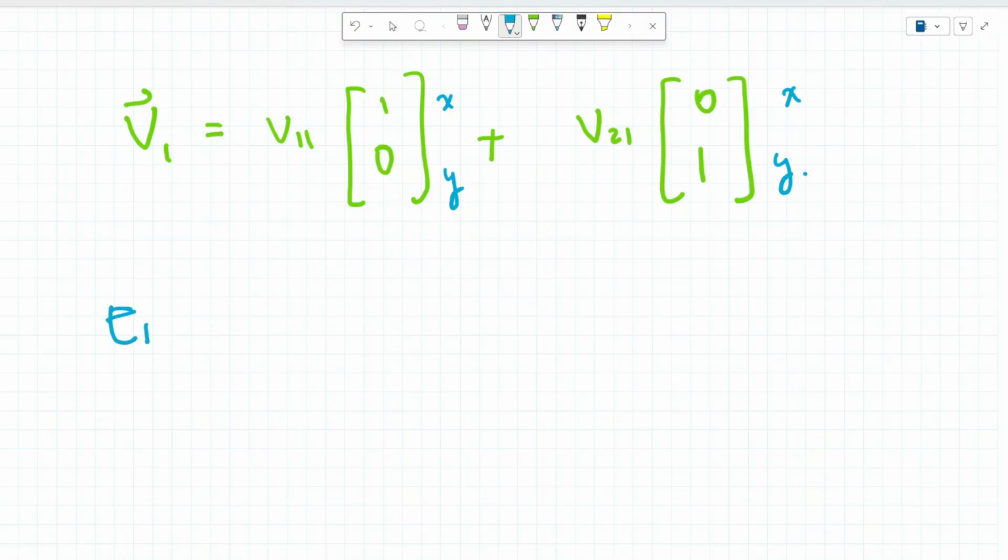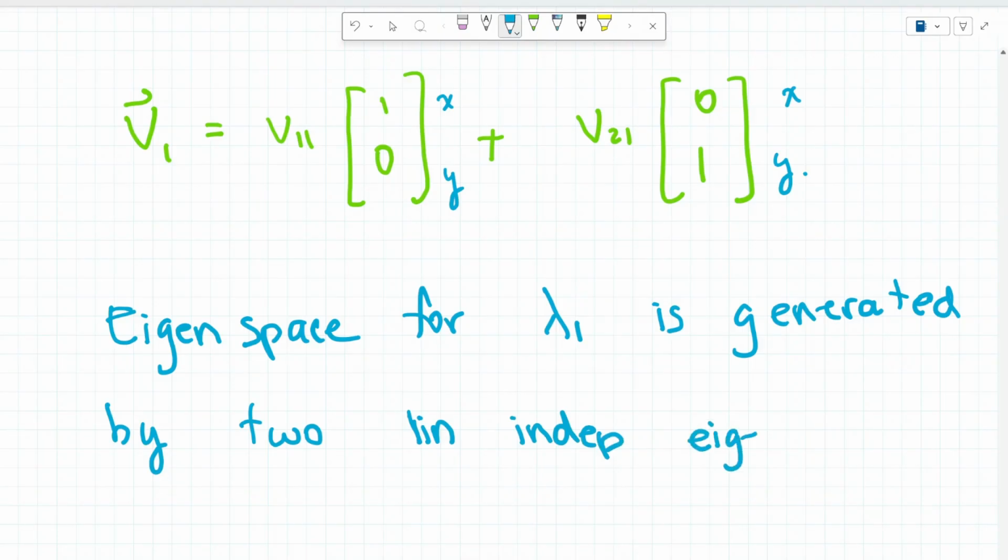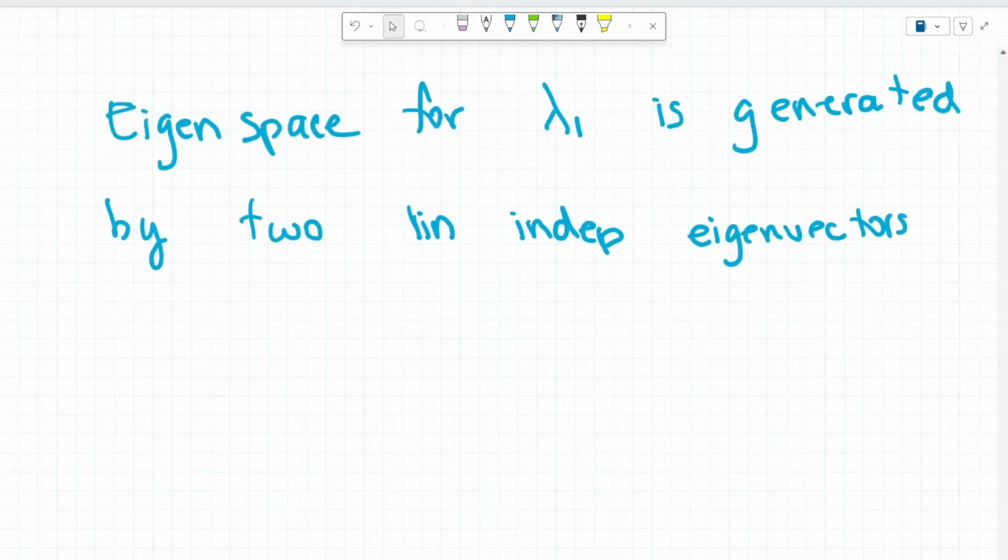So we've got the eigenspace for our first eigenvalue, lambda 1, is generated by two linearly independent eigenvectors. These two linearly independent eigenvectors we can see are 1, 0, and 0, 1.